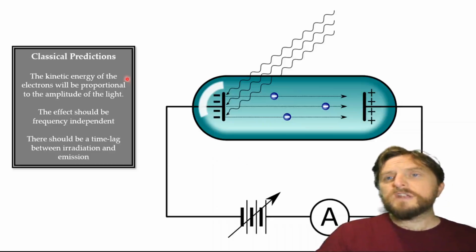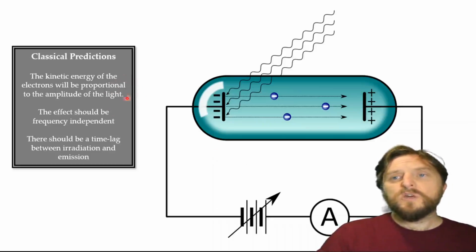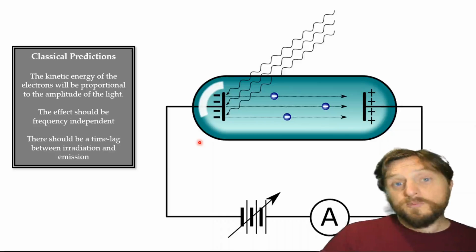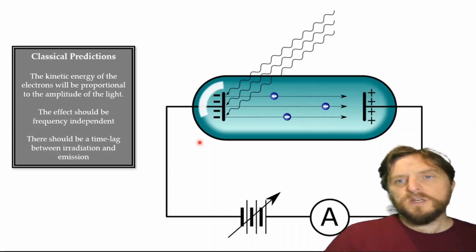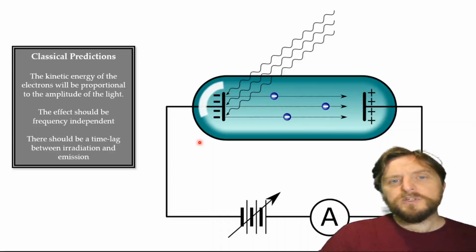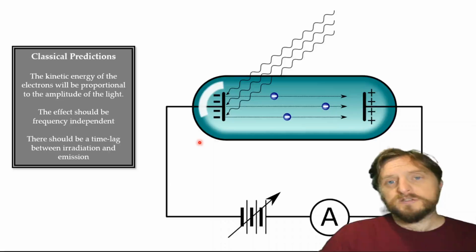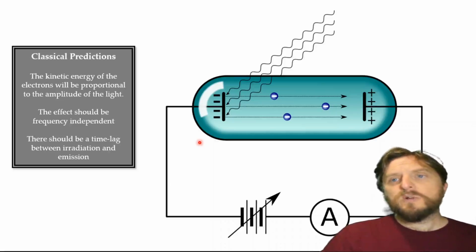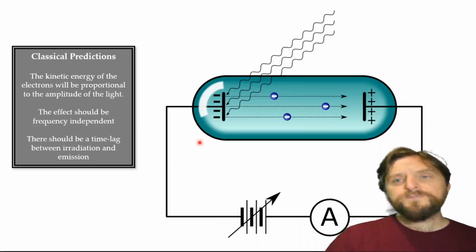The first is that the kinetic energy of the electrons will be proportional to the amplitude of the light. In classical physics, the amplitude of a wave is what gives you the energy content of the wave. And so classical physicists felt that the electrons should absorb that light energy until they had enough energy to leave the metal and cross the gap.